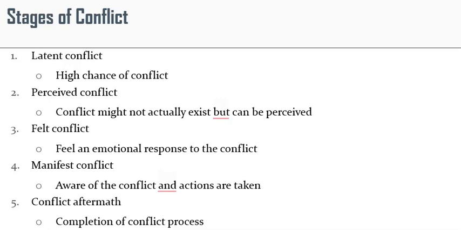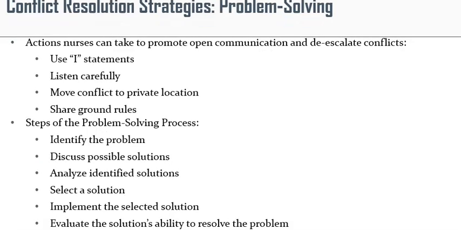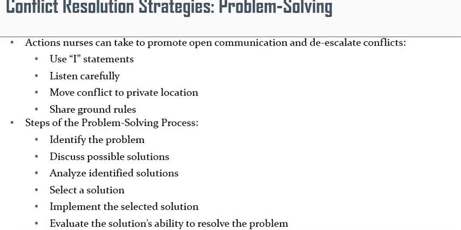A negative conflict aftermath would be the nurse manager and nurses are both unable to come up with a scheduling solution that meets the needs of both parties. They agree to continue with the current system. However, tensions remain, increasing the risk of a recurrence of the conflict. And I'm sure we've all been in those situations; any career path that you might follow has the potential for these conflicts.